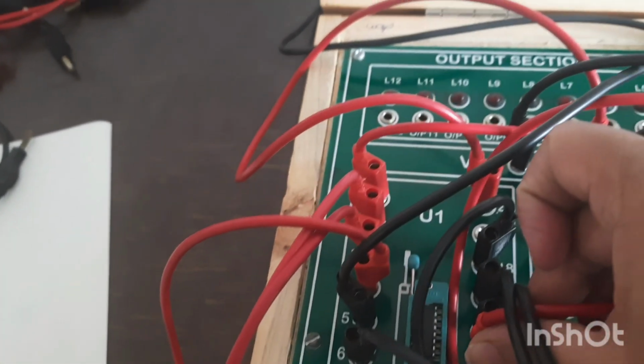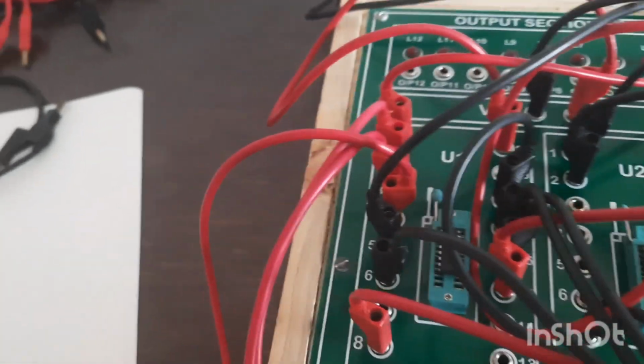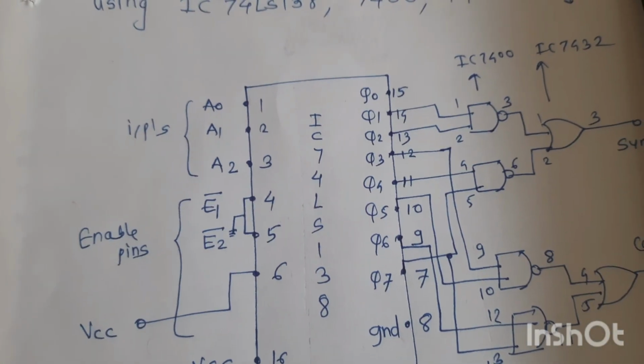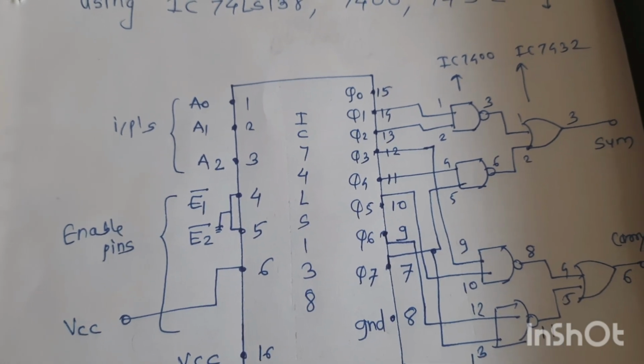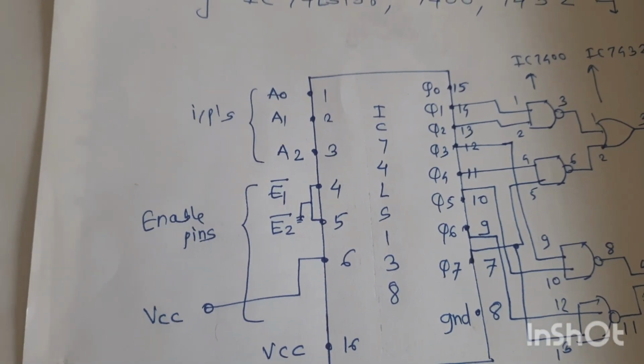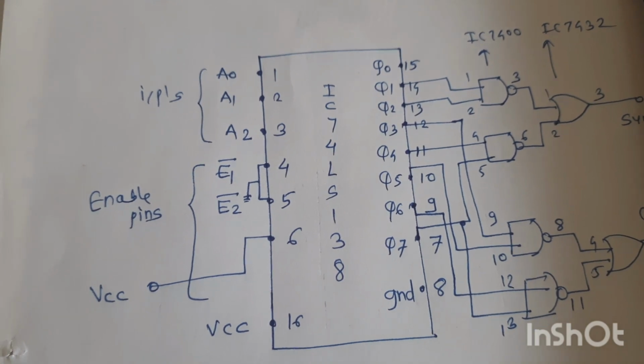This is my pin 11 which is connected to pin 4 of the NAND gate IC. So I have connected pin 4. Correct. Now pin 10 is connected to pin 10 of the NAND gate IC. You can see again pin 10 here means 5, which is connected to pin 10.